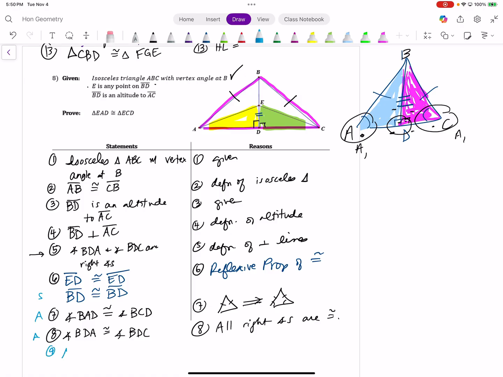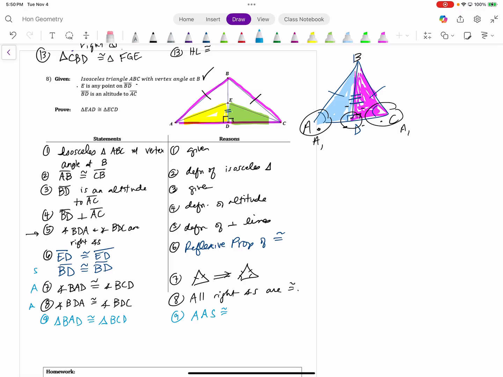So I could say that triangle BAD, not BAC, BAD, is congruent to triangle BCD because of angle, angle, side. And if that's the case, then 1, 2, 3, 4, 1, 2, 3, 4, these have to be congruent to each other.